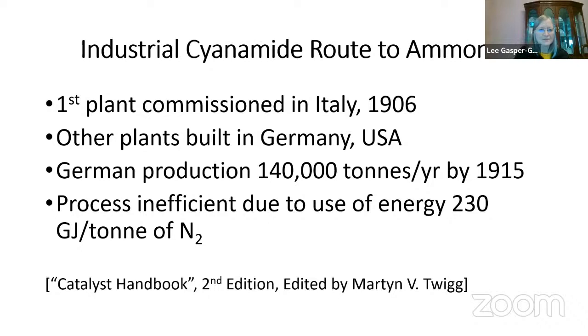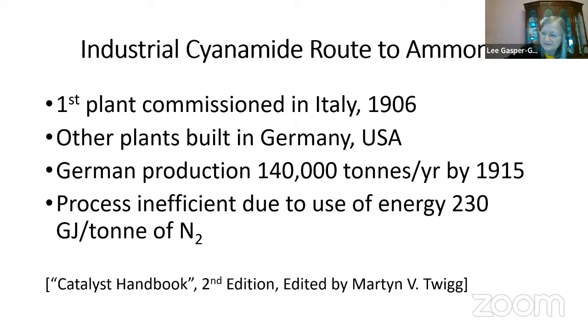So the industrial cyanamide processes started with their first plant commissioned in Italy in 1906, followed by other plants built in Germany and here in the United States. We had the German production up to 140,000 tons per year.